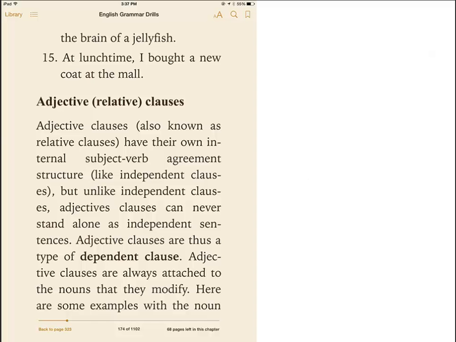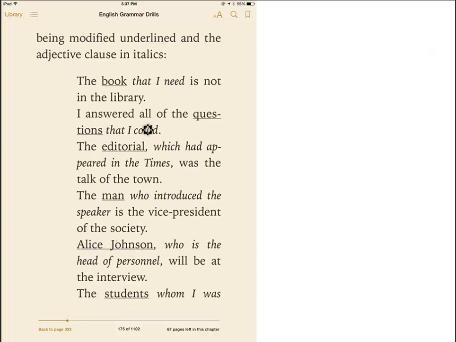Let's go ahead and move here. It says the adjectival clause, and we're going to go through this so you understand. The book that I need is not in the library. You can see that the book that I need.